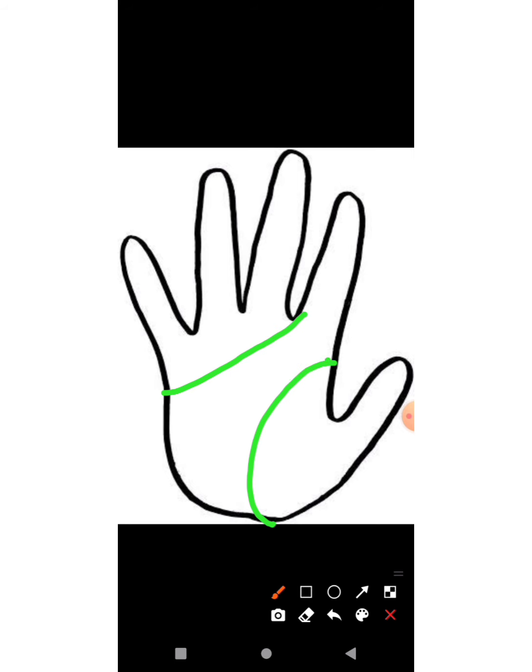If this line is curved towards the moon mount, then this person is always in imagination and is creative as well, and his emotions are very strong. His mind is always controlled by emotions.